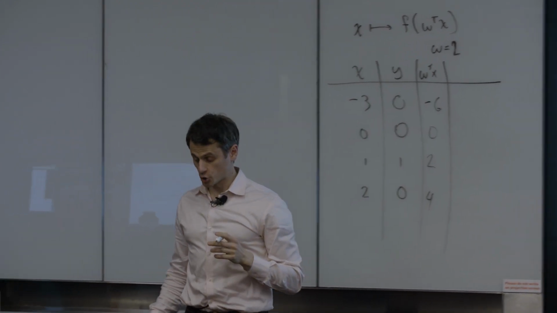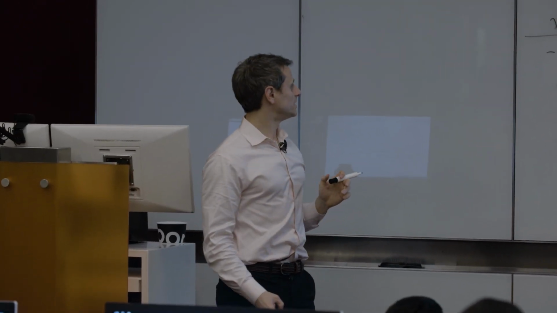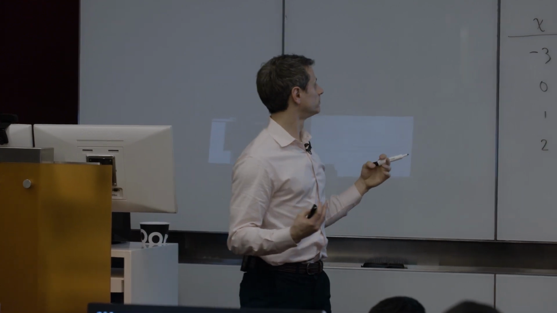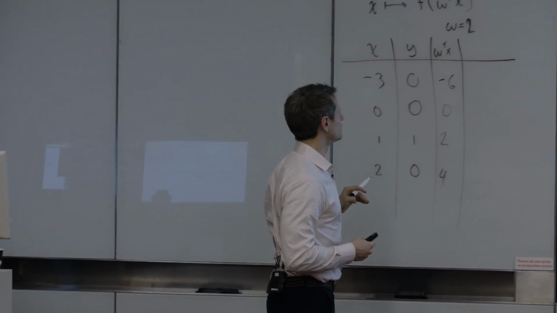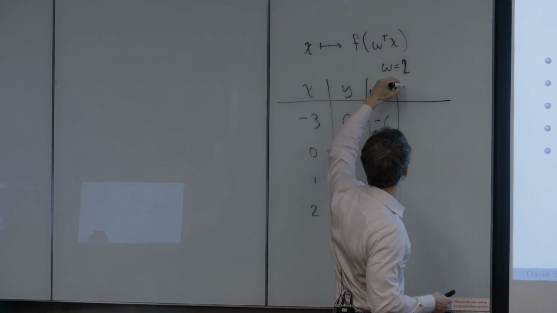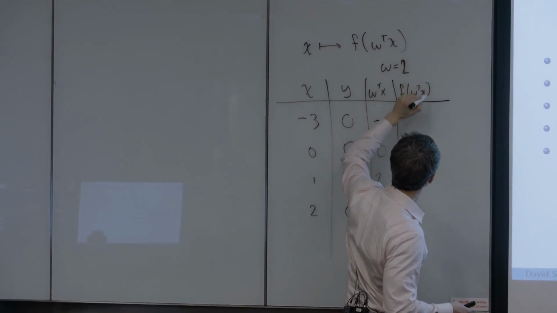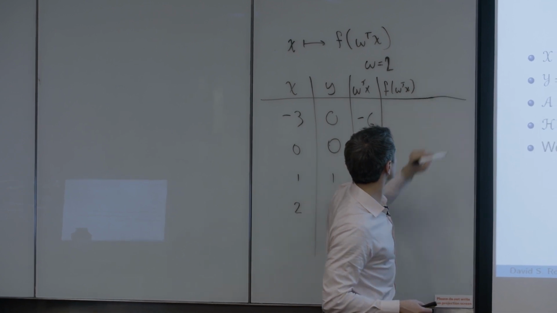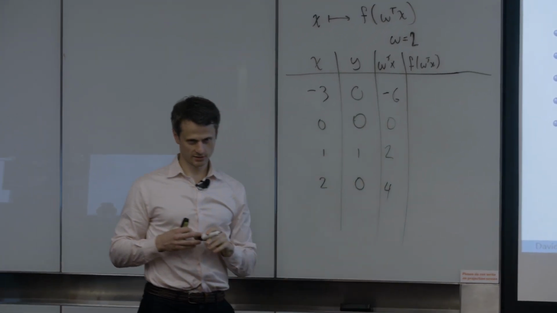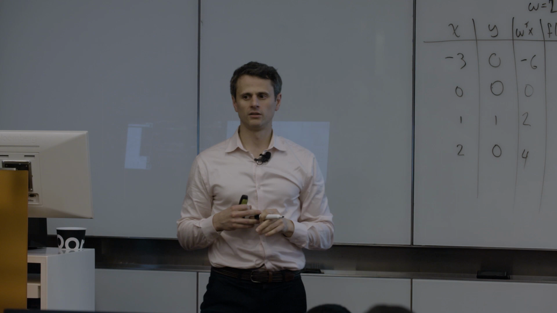So those are our score values. And now we need to get our likelihoods. In this case, it's also probabilities. So that would be f of w transpose x. f of w transpose x is what exactly? What does that represent here?